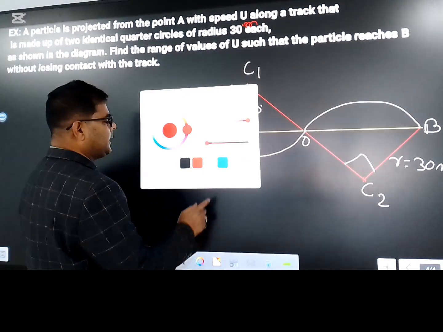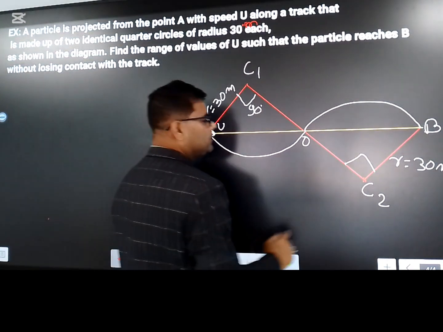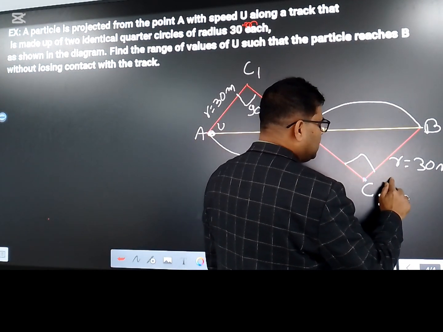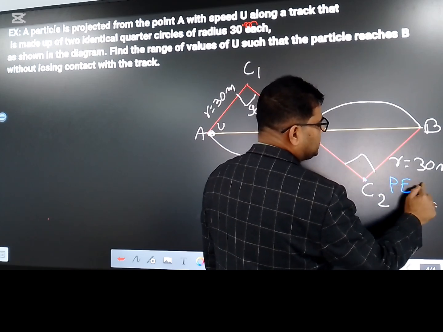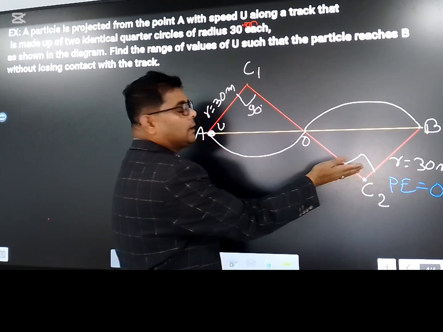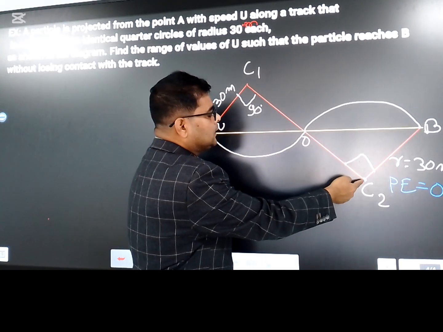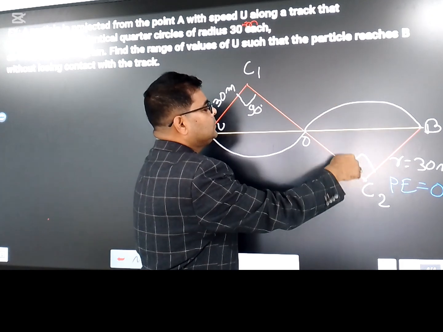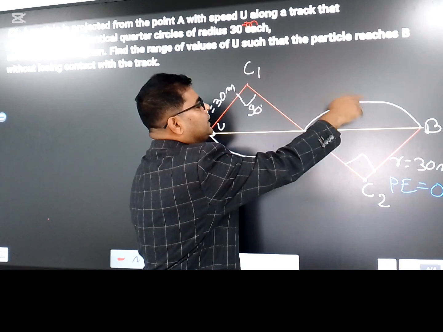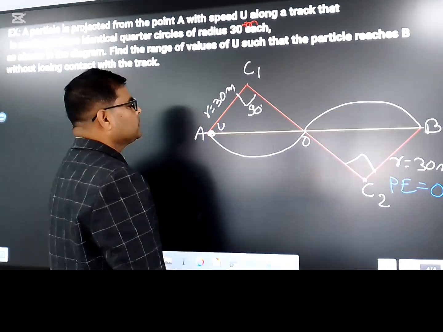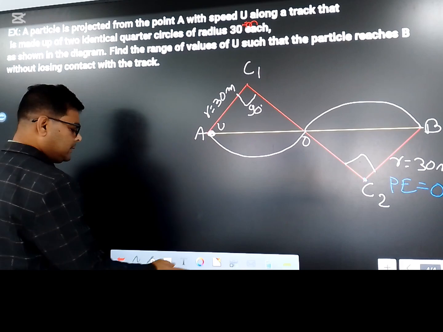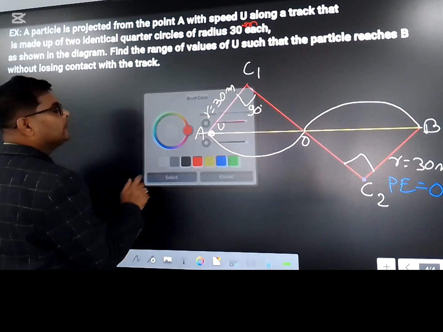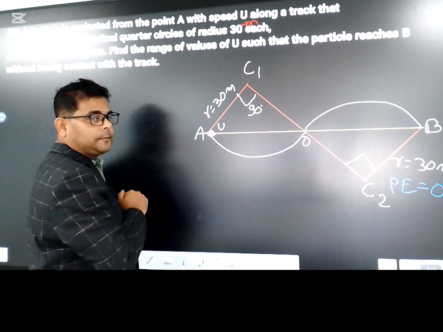For example, at this center we consider potential energy equal to 0. That means you compare the energy about this C2 point, or the height from C2 of this track. So at this point, we start from here.